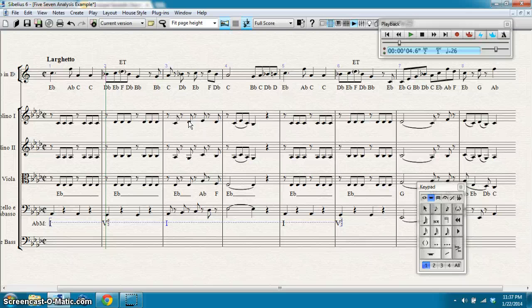So this is another E flat dominant 7th chord, but this time we have B flat in the bass, which makes this a second inversion dominant 7th chord, which would make this a 5-4-3 chord. So we've already had 2 different inversions, 5-6-5 and 5-4-3.